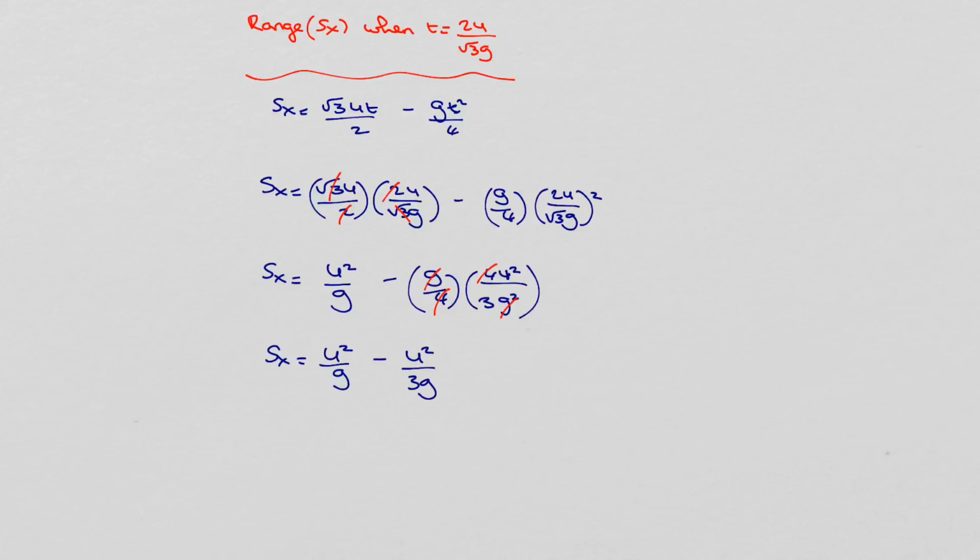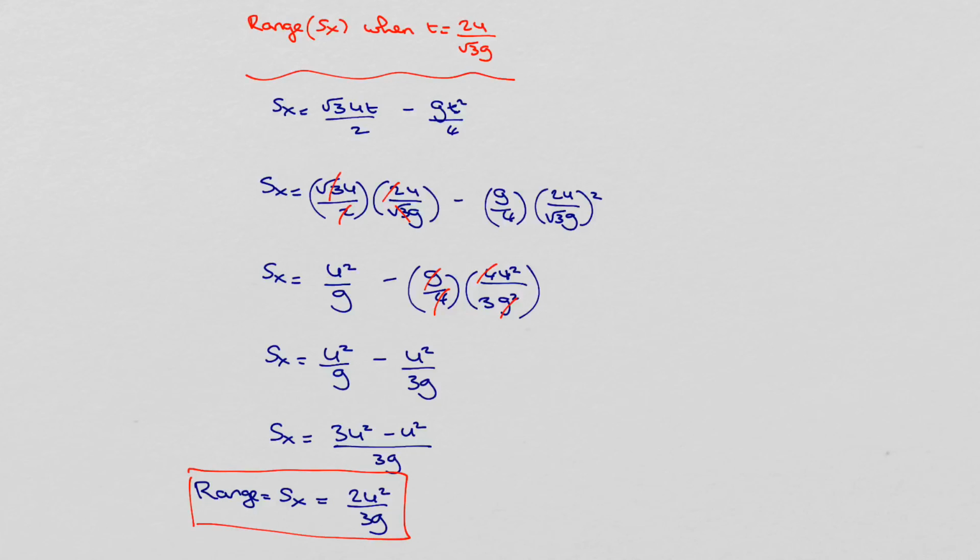And of course, 3g then is our lowest common denominator, which gives us 3u squared minus u squared over 3g. So S of x, in other words my range, is equal to 2u squared over 3g. So we now have our range in terms of u and g, which is what they asked for in the question. So this is a 25-mark question.